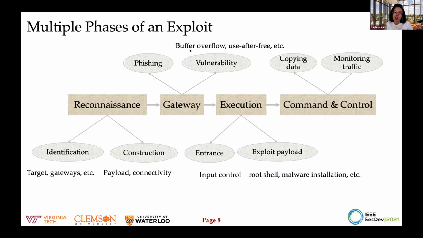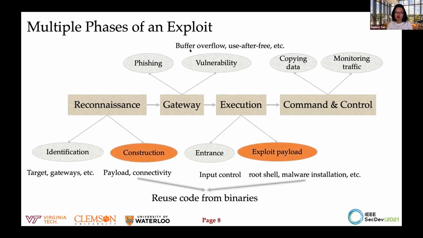If you look at attacks, usually it's not just one step. It's multiple components, multiple phases. Here we listed the four big phases, and it's all under the goal of code reuse. This is in modern days, where code injection, like shellcode injection and stack smashing, is no longer feasible, which I'm going to explain later.